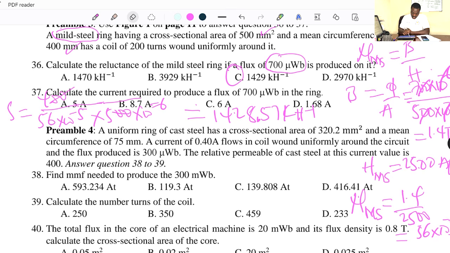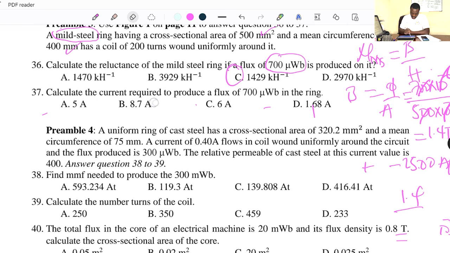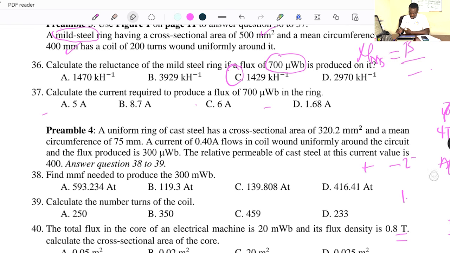Alright. Now, moving to the next question, which is 37. Calculate the current required to produce a flux of 700 microwebers in the ring. Now that we know the reluctance, I know that again Fm is equal to magnetic flux times reluctance.